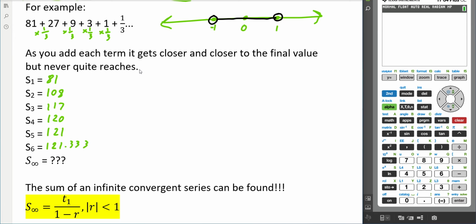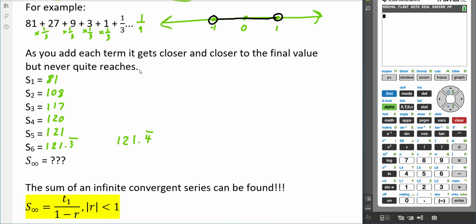If you kept going, then you'd have 1 over 9, which would be another 0.111. So the next term would be 121.444 repeating, and so on and so forth.